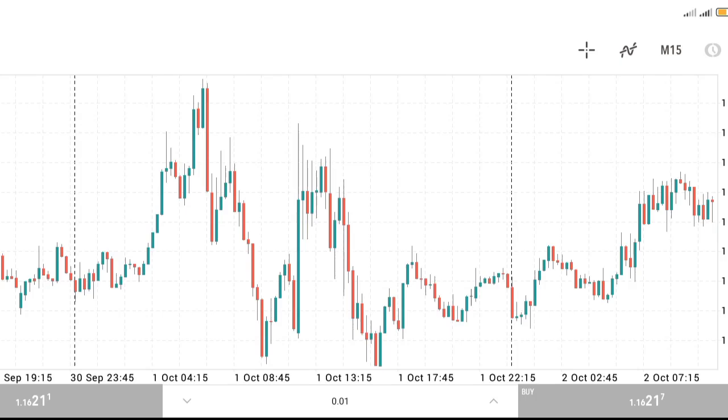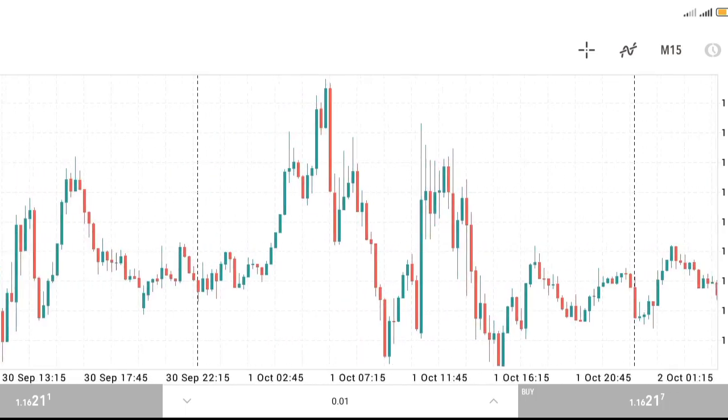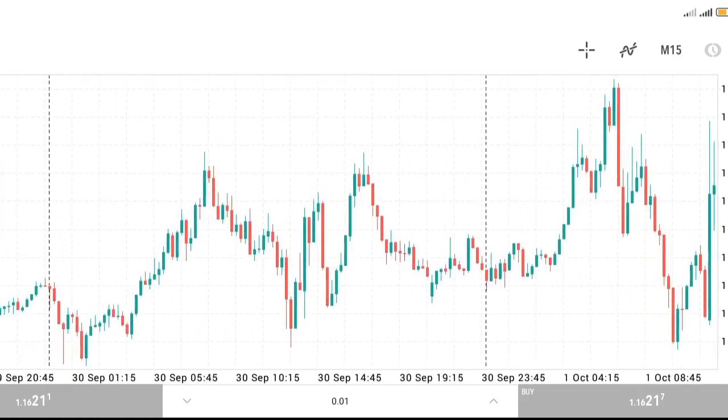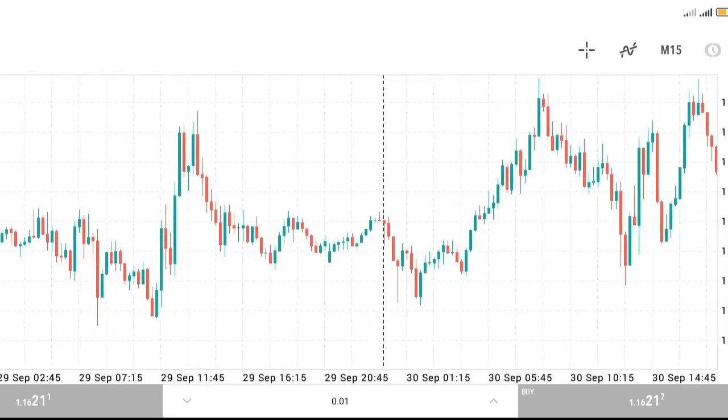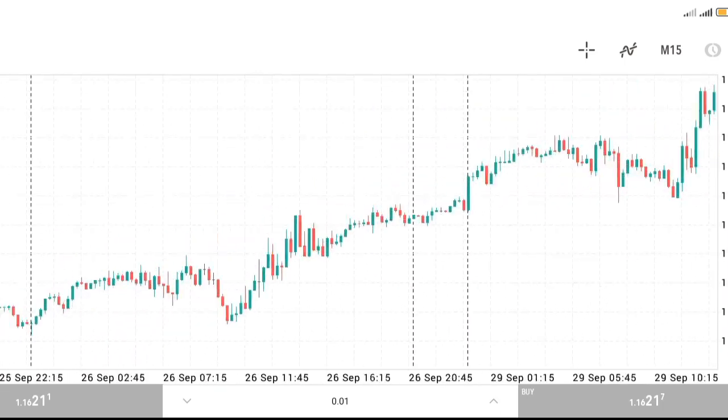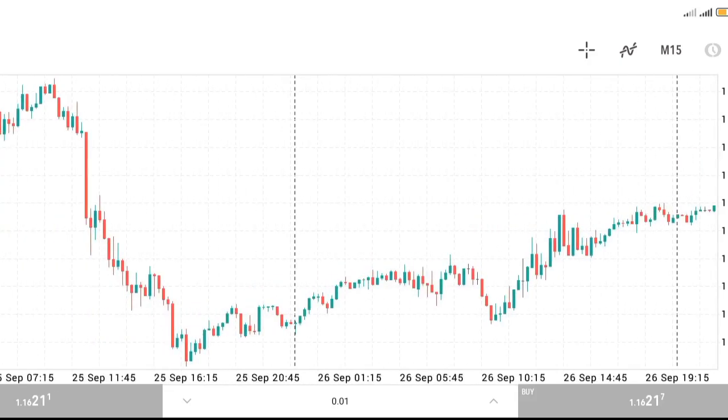Where a downtrend tends to stop, pause, or reverse, that is support. That is what is the area of support.